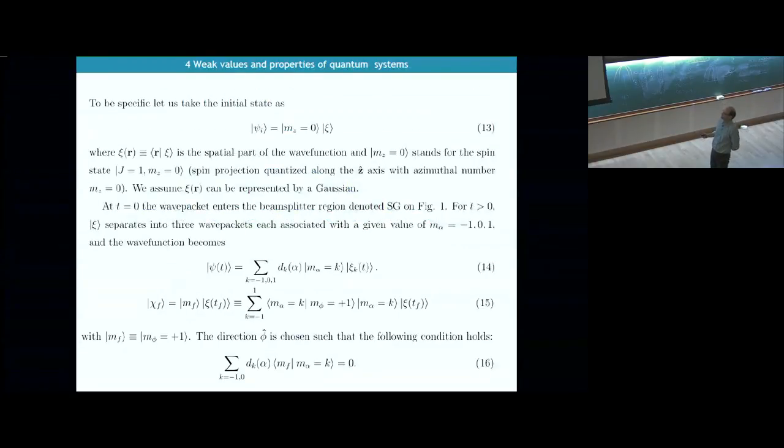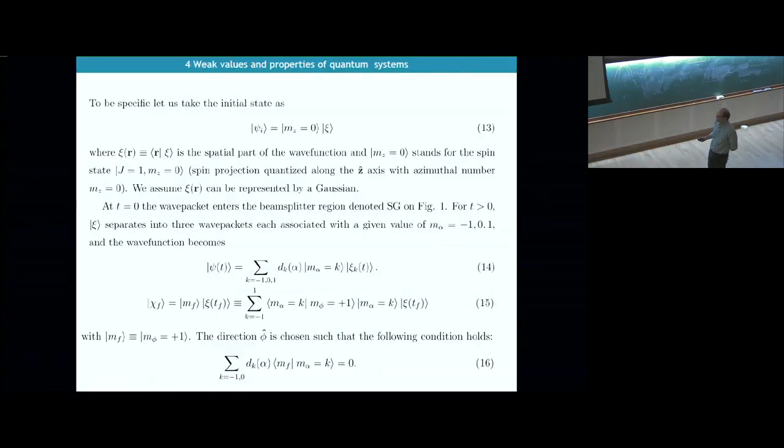So if we want to be specific, we're talking about spin-1 systems. We start in this state. This would be the spatial part of the wave function of the state, and this would be the spin part. We can always assume that the spatial part is a Gaussian. And then this is the wave function once you are inside the interferometer.